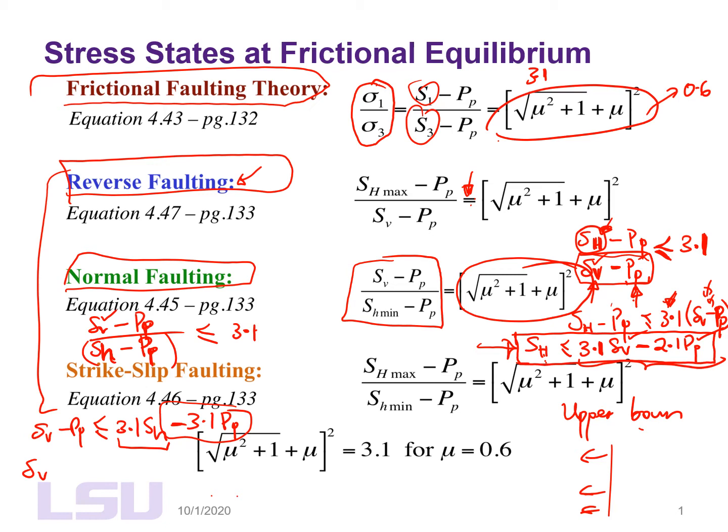So that's going to give you plus 2.1 pore pressure. So this is greater than that, and we can write it as SH is greater than or equal to SV plus 2.1 pore pressure, all of these divided by 3.1.